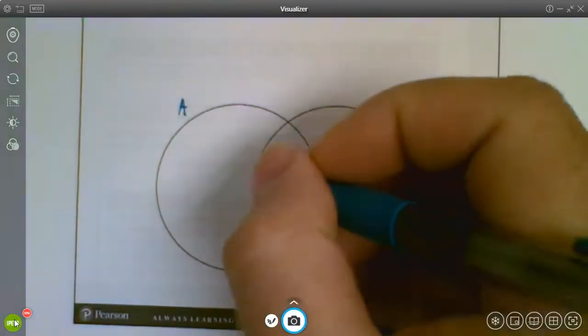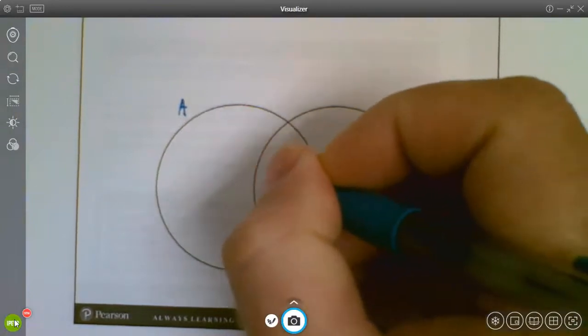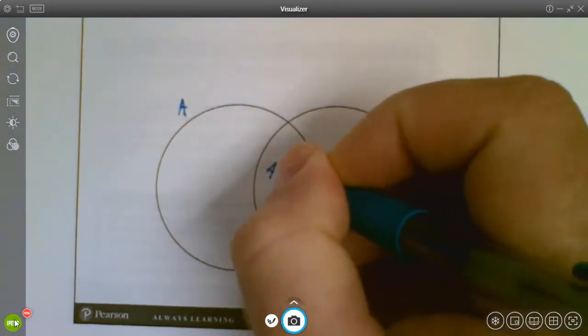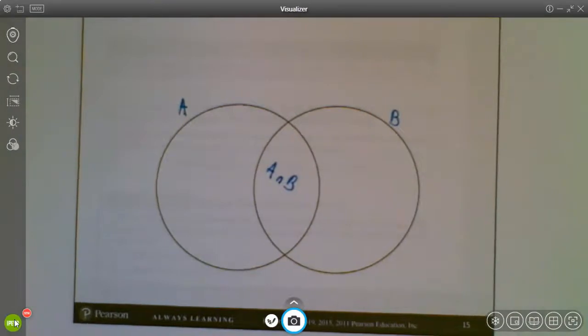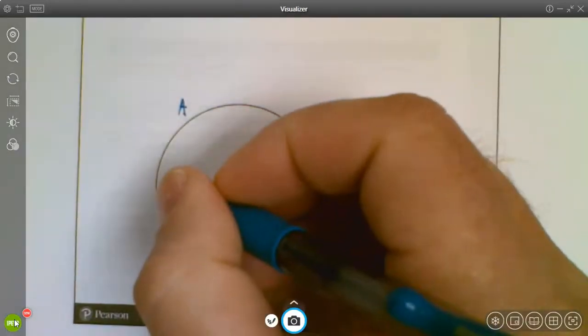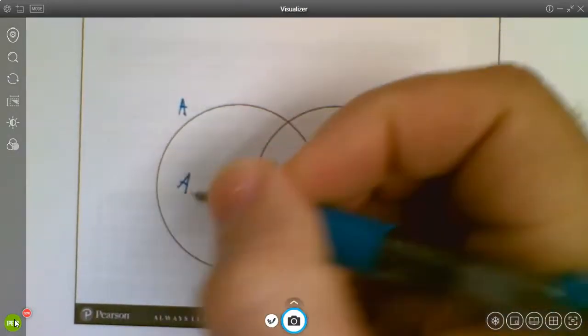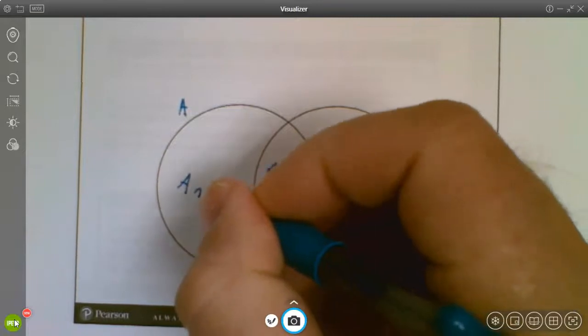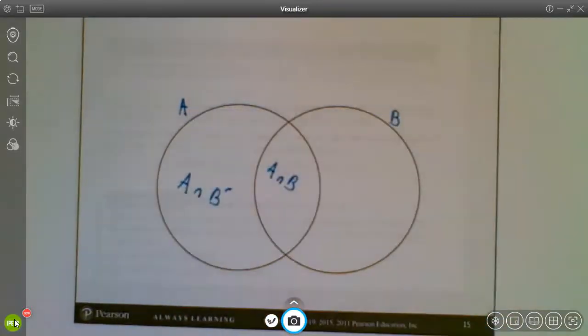So let me throw in some symbols for you that you might have seen before. This is what we would call A and B. That's A and B happening. This would be the area where event A does happen and event B does not happen. It would be that area right there.